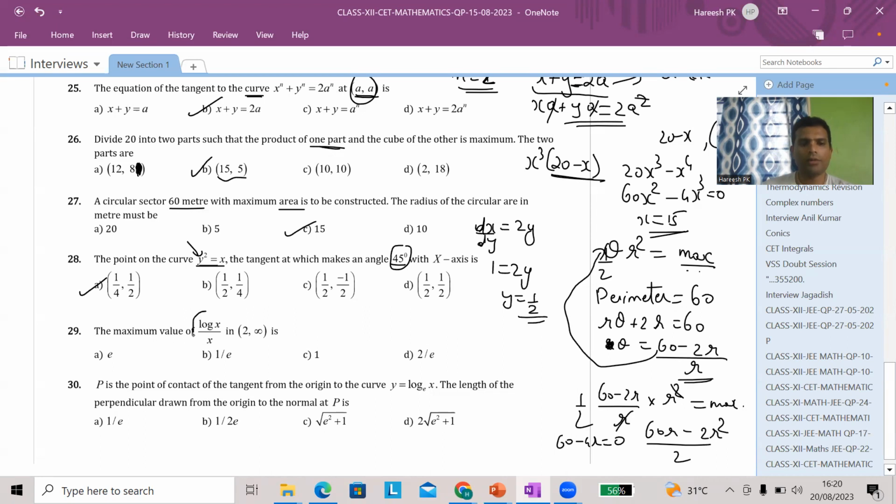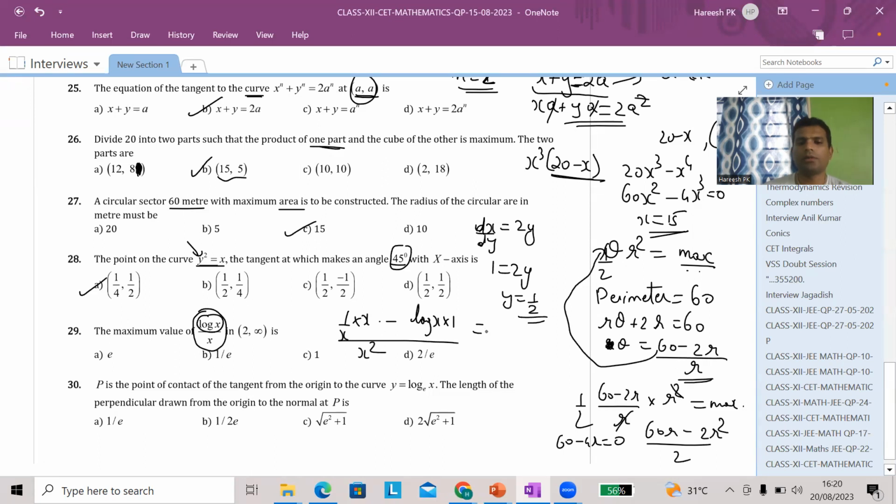And what is the maximum value of log x by x? So let's differentiate log x by x. When you differentiate, you will get, by the quotient rule, differentiating log x and multiplying with the denominator x, minus, keep log x as it is and differentiate x, whole divided by x square.